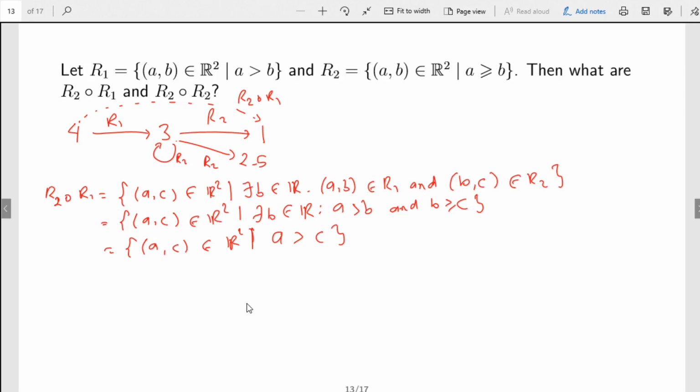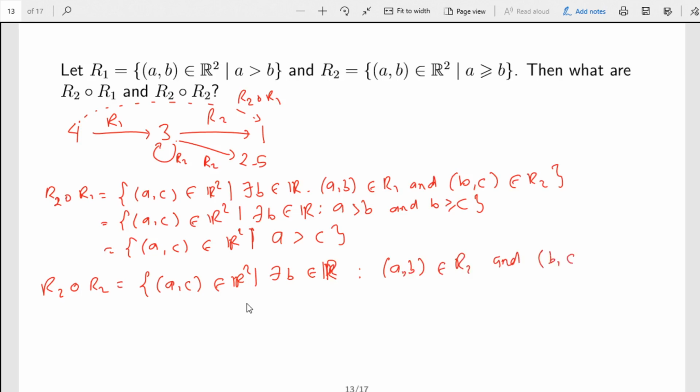This time you don't have to draw, but you follow the same line of reasoning. Take (a, c), pairs of real numbers, such that there is a real number b with (a, b) in R2 and (b, c) also in R2.